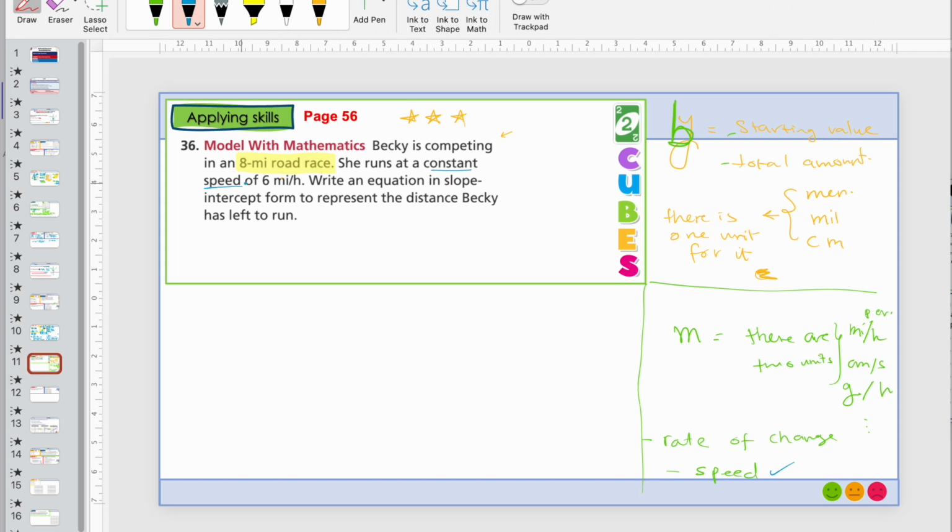Speed means what? Slope. This is the slope. I found it. So I can tell that m is 6 miles per hour. And one more thing that made me sure that this is the slope is basically this thing, miles per hour, 2 units. And it's the speed.